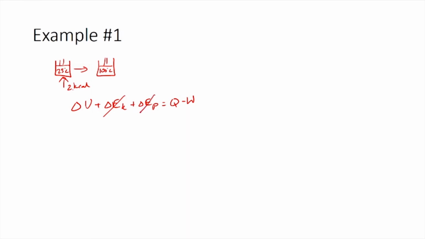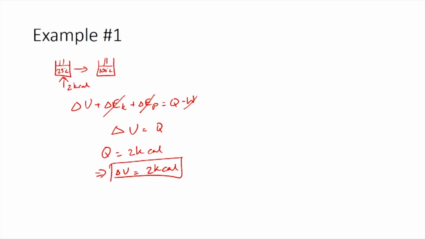Q is not 0 because you have 2 kilocalories of heat being supplied to the system. The piston is not moving in this process, so W will go to 0. So, you have delta U equals Q. Q has been given as 2 kilocalories, so delta U equals 2 kilocalories.